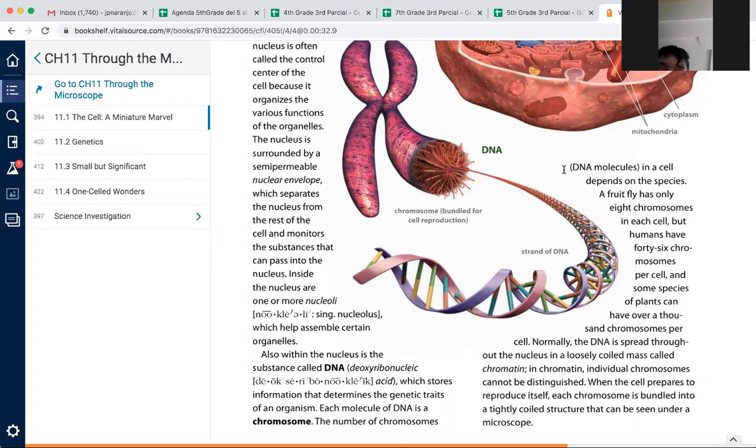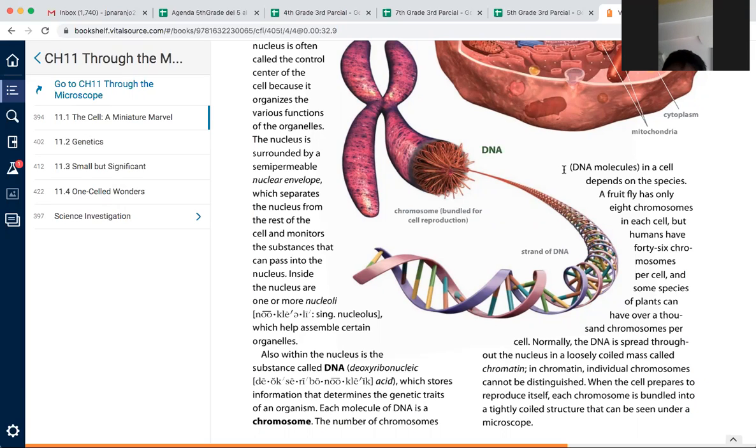A fruit fly has only 8 chromosomes in each cell, but humans have 46 chromosomes per cell, and some species of plants can have over 1,000 chromosomes per cell.